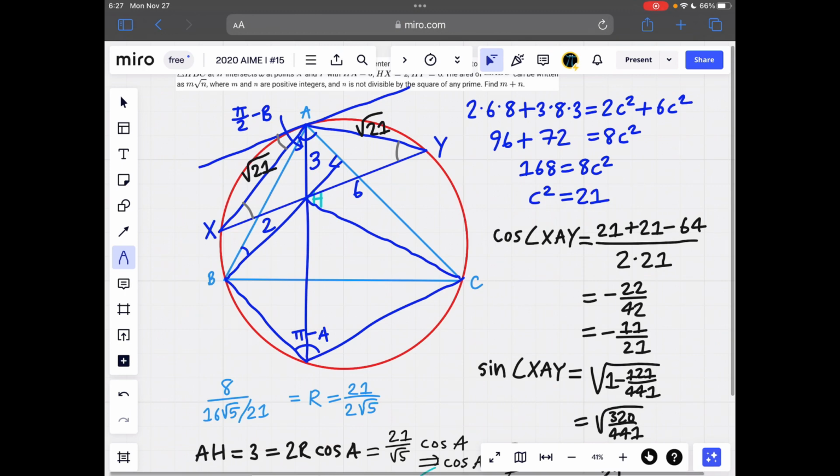And by power of a point at point H, we note that 2 times 6 is equal to 12, which is also equal to 3 times the distance from H to its reflection. So the distance from H to its reflection is 12 over 3, and that's equal to 4. It's bisected by BC, so both of these are equal to 2. And the A altitude is just equal to 5.